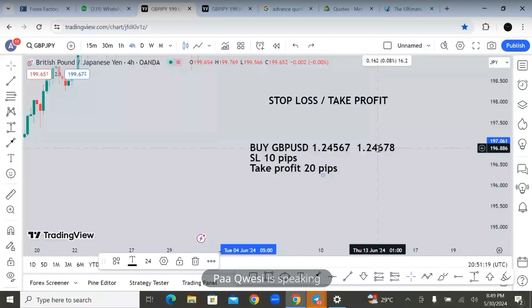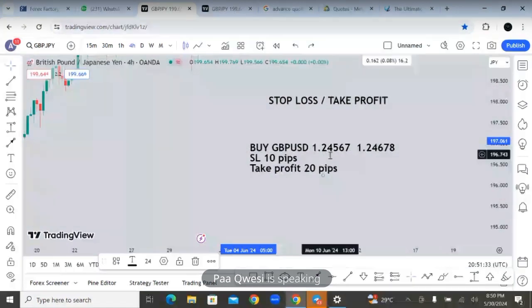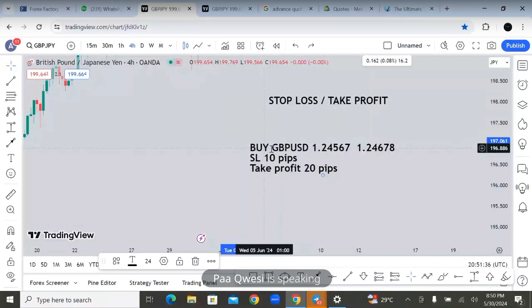If you are buying, you are going to buy at the ask price. One thing that will make it simple for you is that the ask price should always be greater than the bid price. If you are buying pound, your broker is going to give it to you at the ask price.